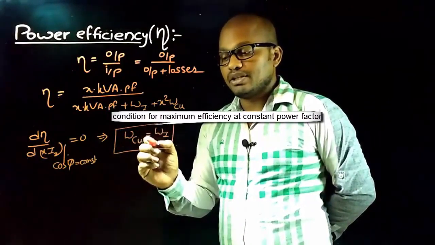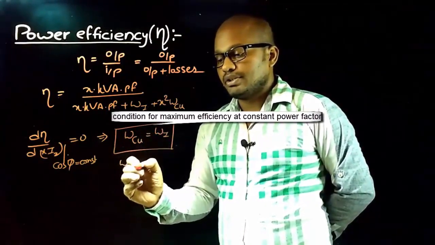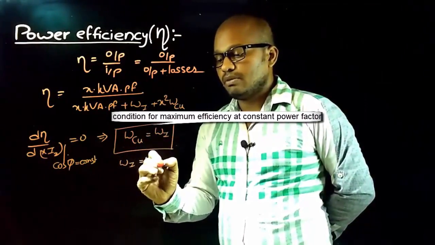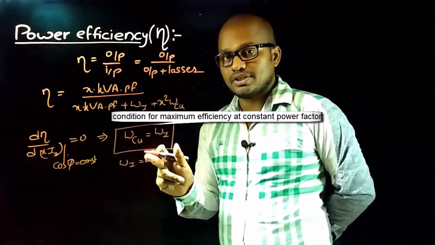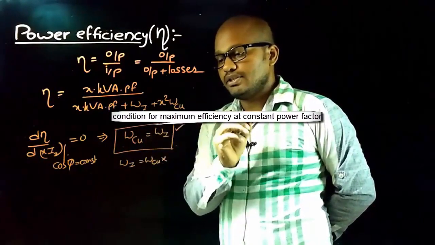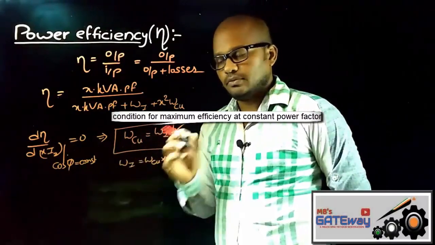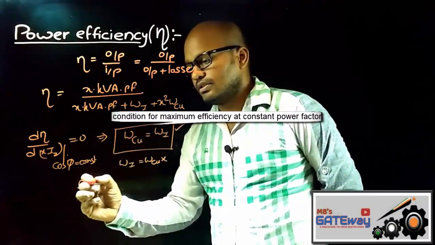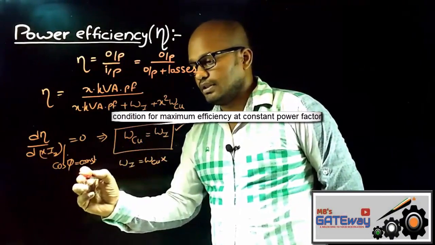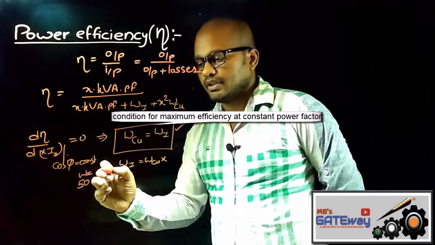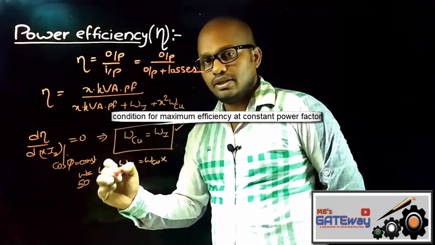And please keep in mind that we shouldn't write WI is equal to WCU. This is wrong representation. The correct representation is WCU is equal to WI, because suppose constant loss is 50, that is WI, and with respect to load the copper losses will vary.